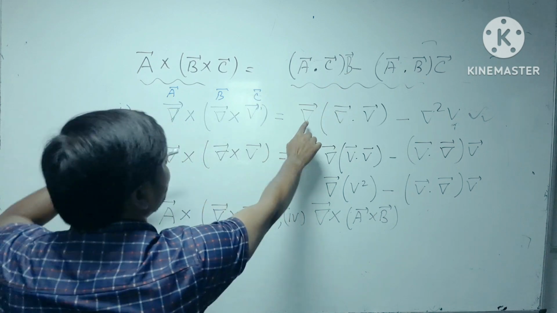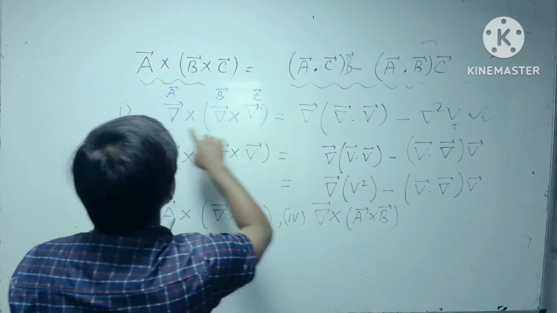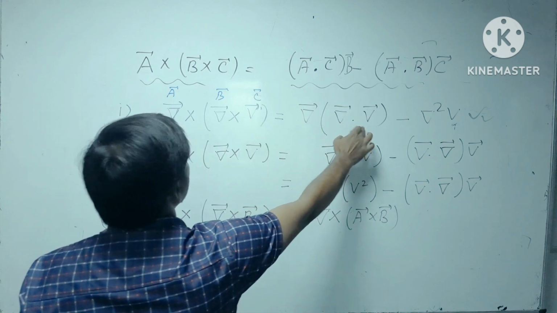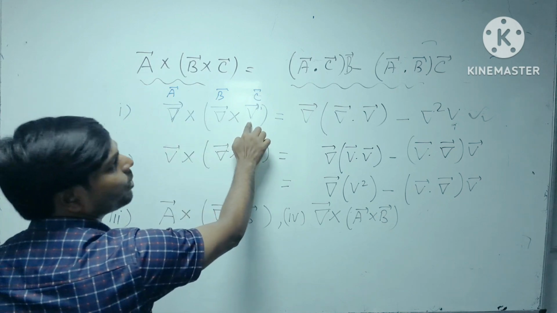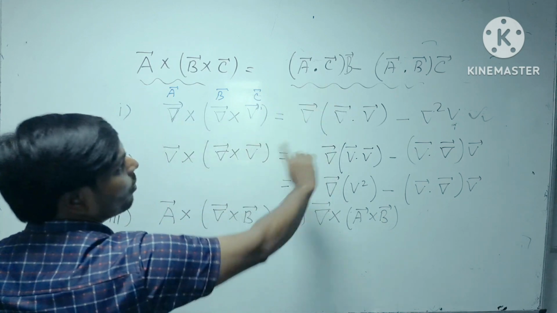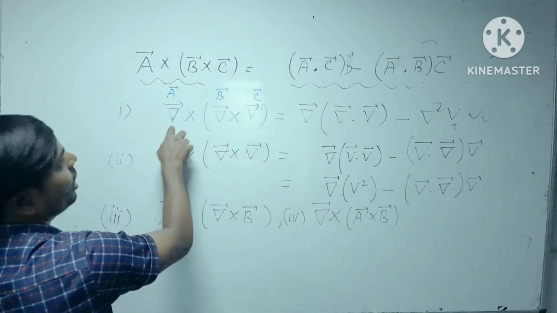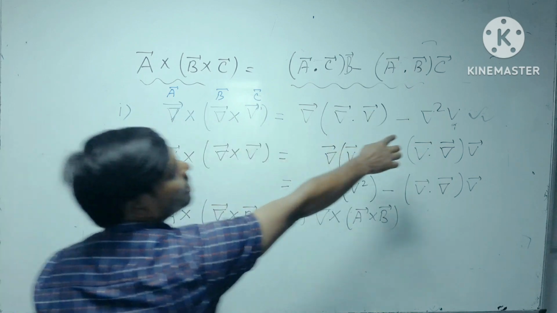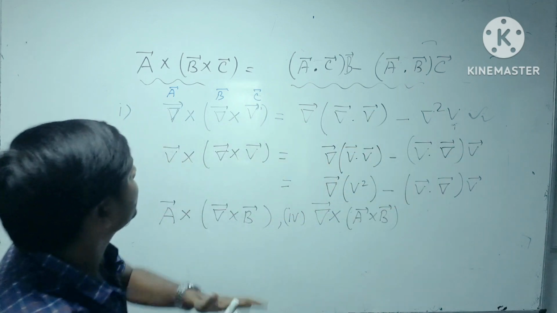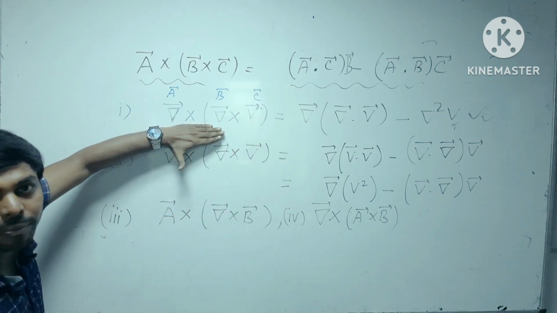So this is BAC, this is b, the divergence of v vector, minus a dot b, that is nabla dot nabla, it is grad square operated on v. So this BAC minus CAB rule or vector triple product rule is applicable here.